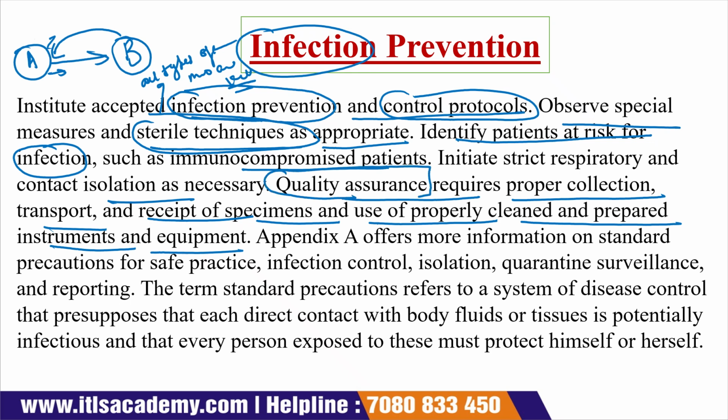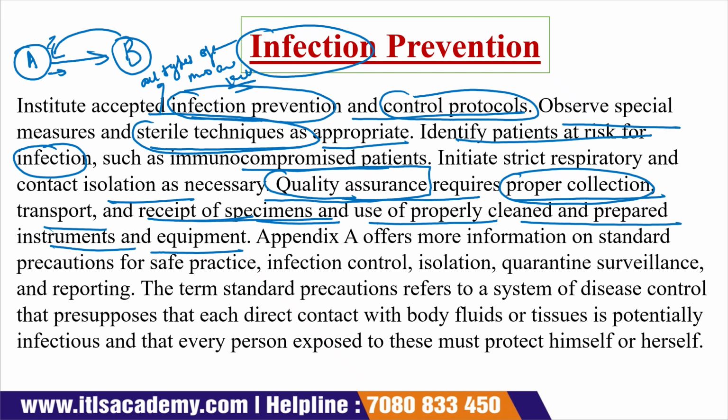Quality assurance means that we have to maintain sterile conditions at every step. When we collect a sample, we have to collect it in a proper way. Then the sample is transported in a proper way so that it will not be infected by other things, and contamination is avoided.